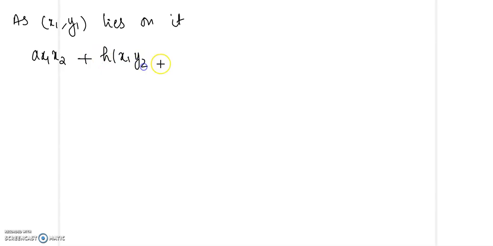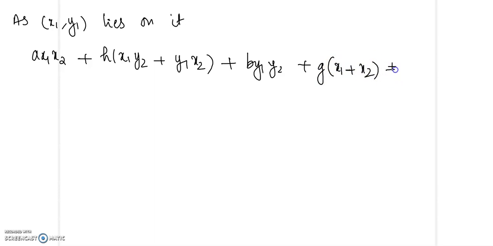So as x1, y1 lies on it, we are going to get a x1 x2 plus h x1 y2 plus y1 x2 plus b y1 y2 plus g x1 plus x2 plus f y1 plus y2 plus c is equal to 0.